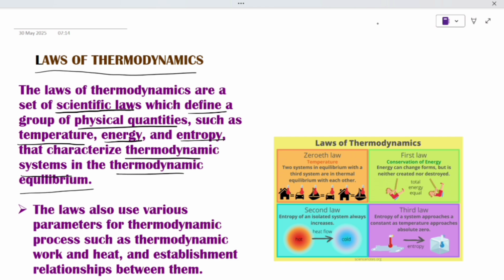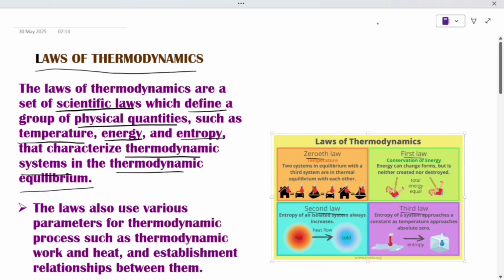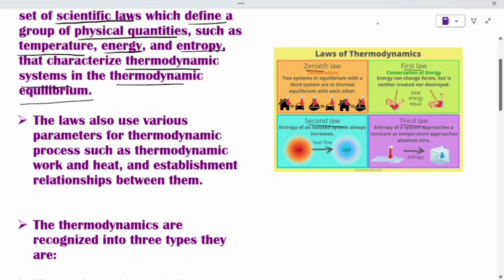In this picture, we have the zeroth law, first law, second law and third law. The laws also use various parameters to process thermodynamics, such as work and heat, and they establish a relationship between them.